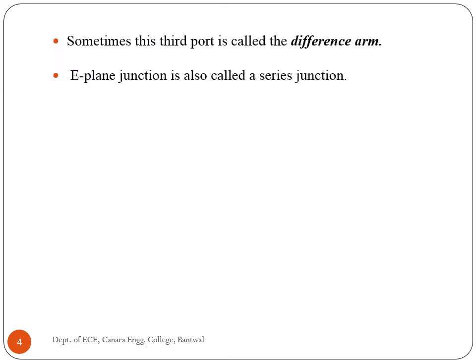From consideration of symmetry and the phase relationship of the waves in each of the arms, results are equal in magnitude but opposite in phase. That is, S31 is equal to S13, which is equal to minus S23, which is equal to minus S32, and S12 is equal to S21.